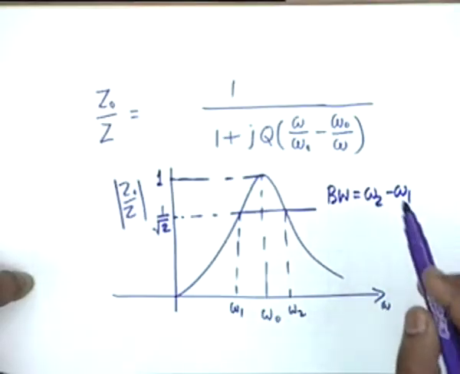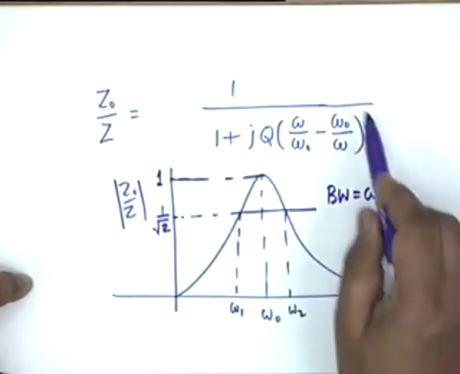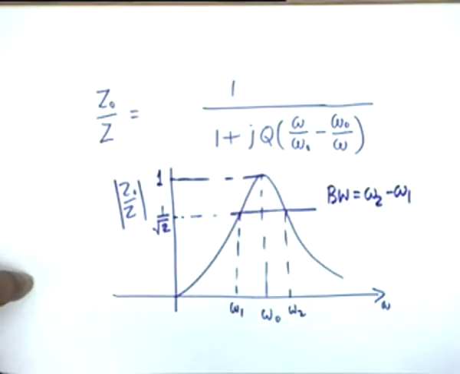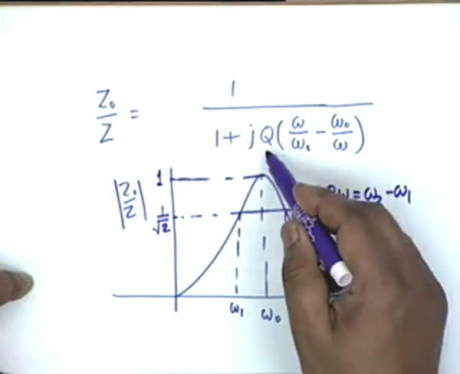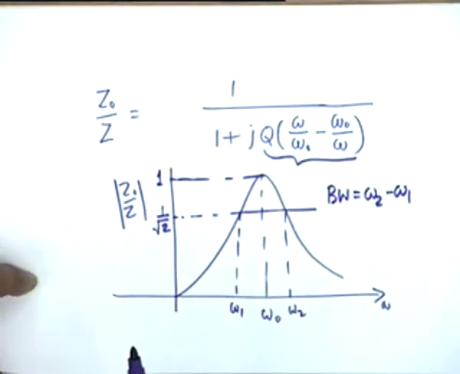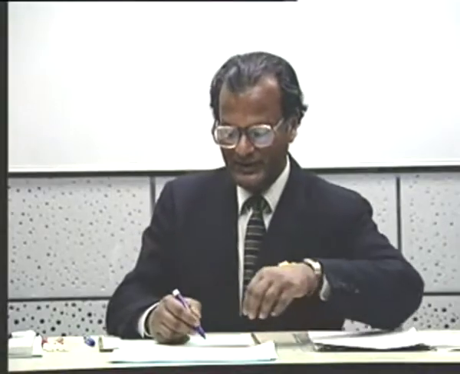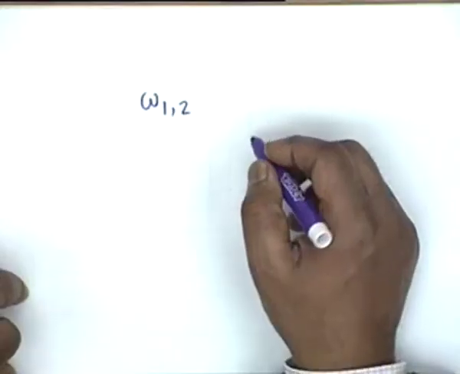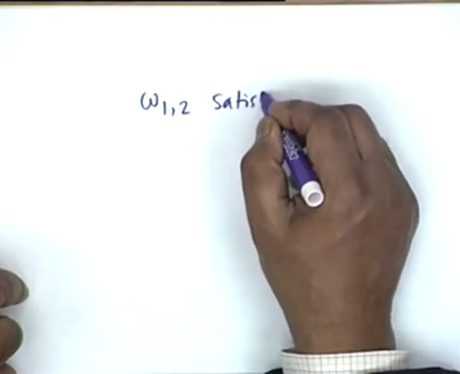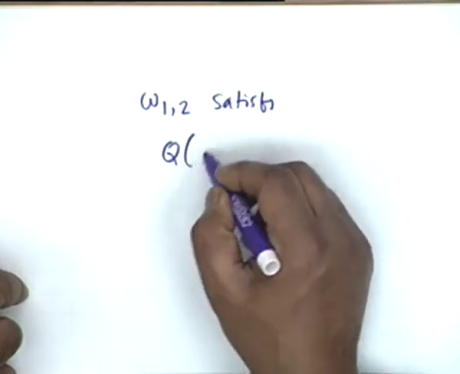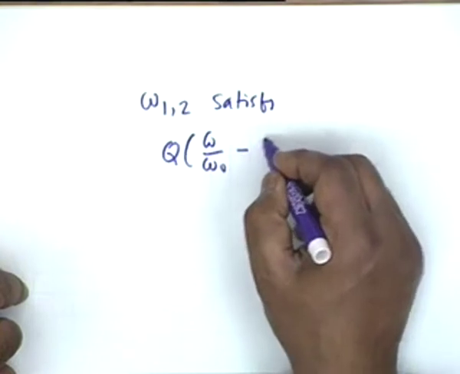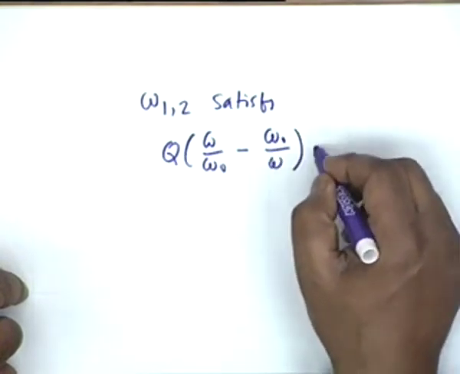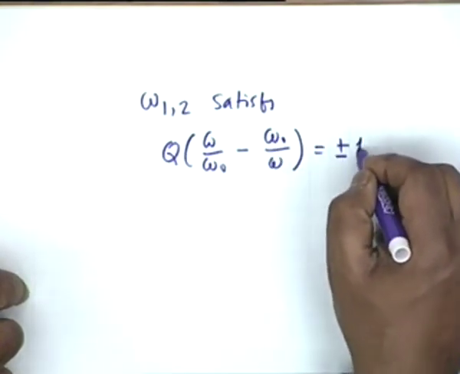When will this magnitude become equal to 1 by root 2? Obviously this quantity will have to be equal to plus 1 or minus 1. In either case it would be 1 by root 2, and therefore omega 1 and omega 2 satisfy the equation Q times omega by omega 0 minus omega 0 by omega equal to either plus 1 or minus 1.